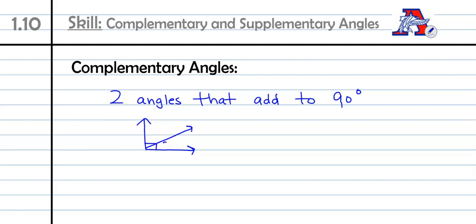So maybe you have like 30 degrees here, and then what would you have? 60 degrees here. Those would add to 90, or they don't need to be connected. You could have like this guy is 45 degrees, and then this guy is also 45 degrees. So those would be a set of complementary angles.